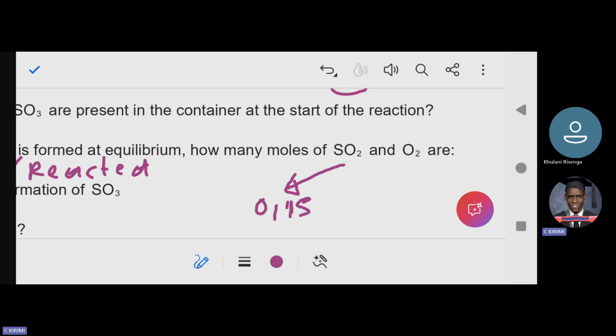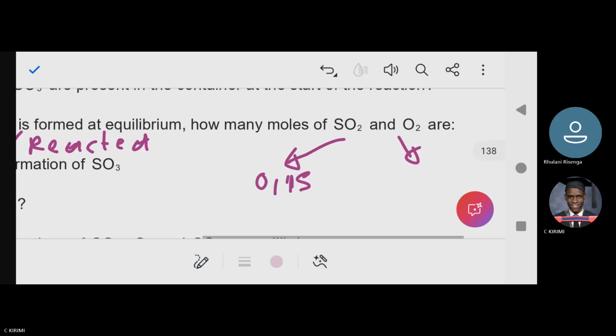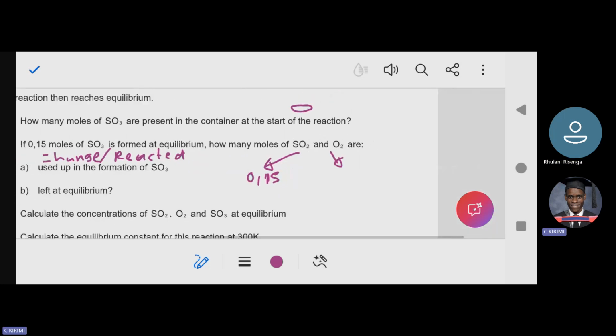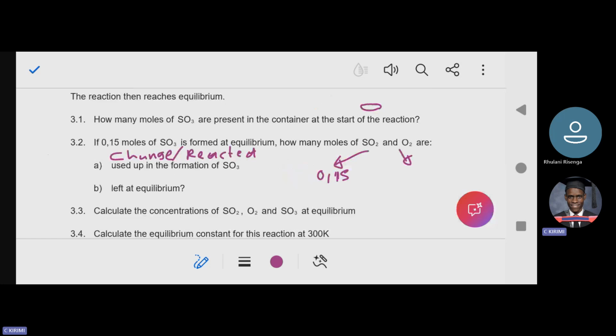And then for oxygen, how many moles? No, we are answering number A, 3.2A.